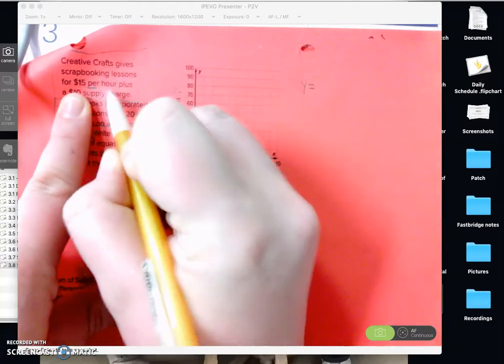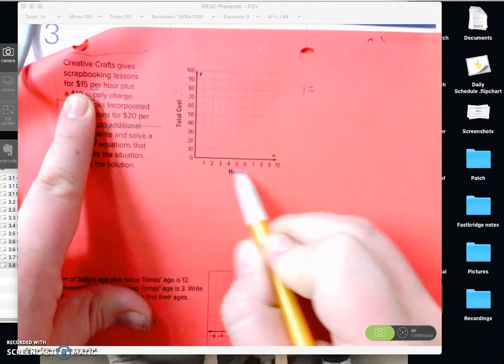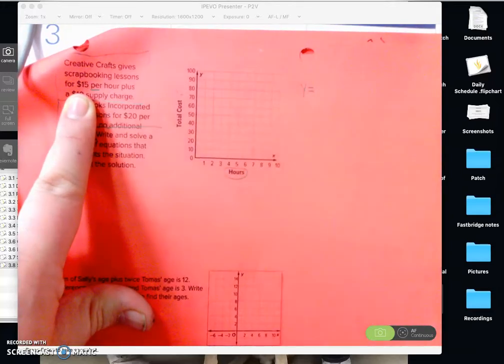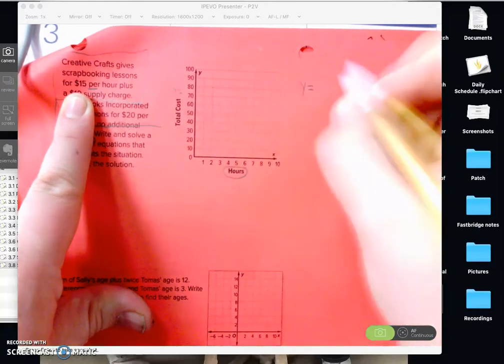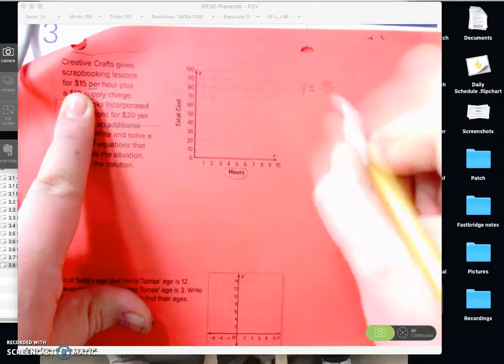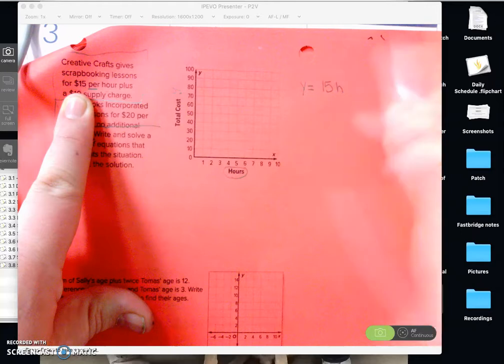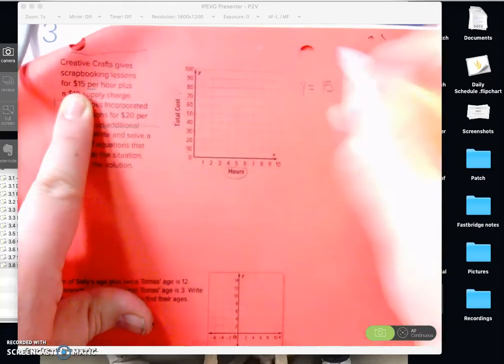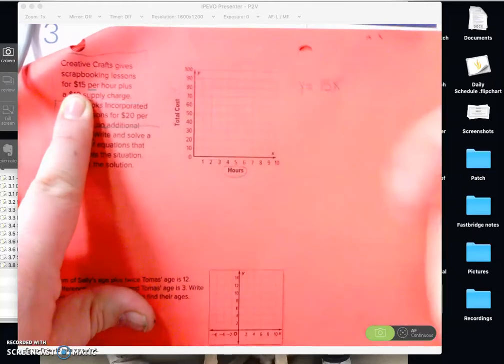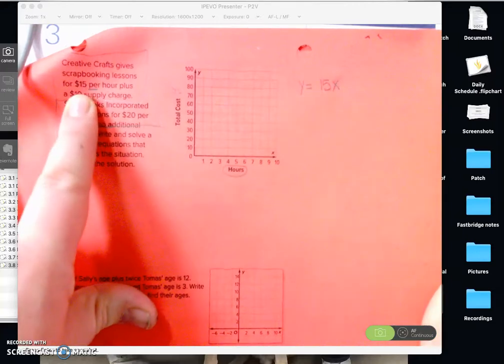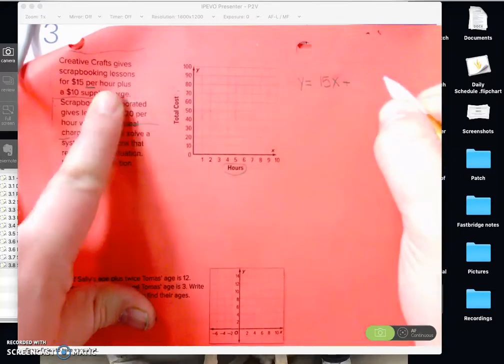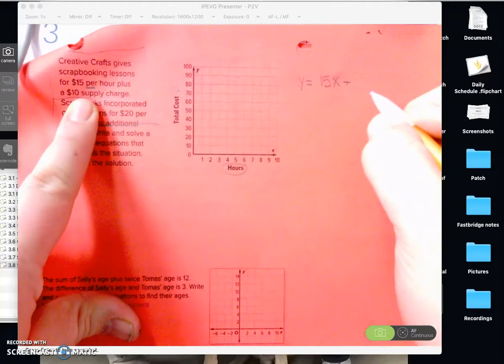So 15 times the number of hours, and hours is our X. So we're going to do $15 per hour, and instead of hours, I'm going to write X. Now that doesn't matter. If you wanted to write H, you could. But I have to add something to it, plus $10 supply charge.